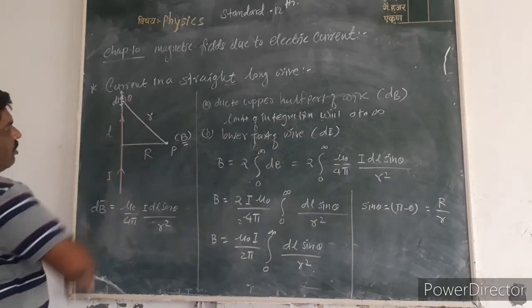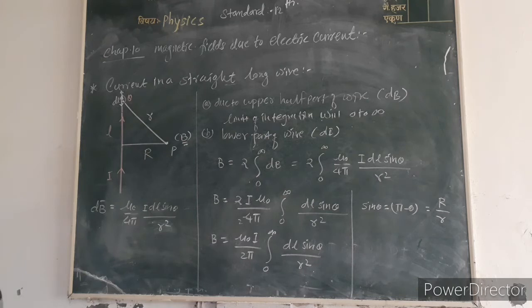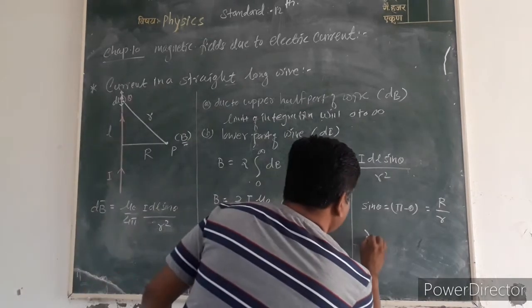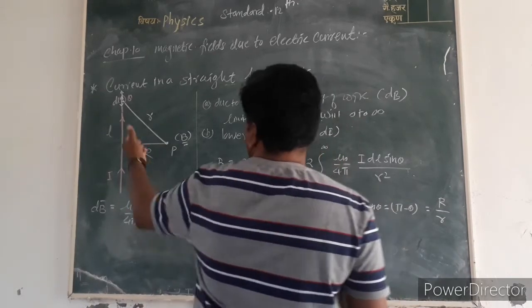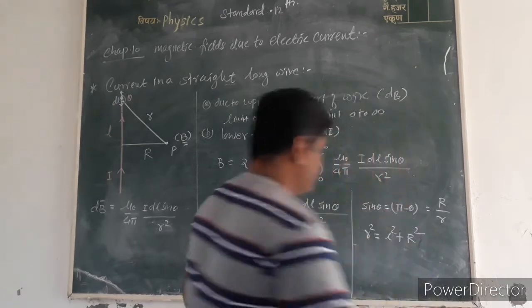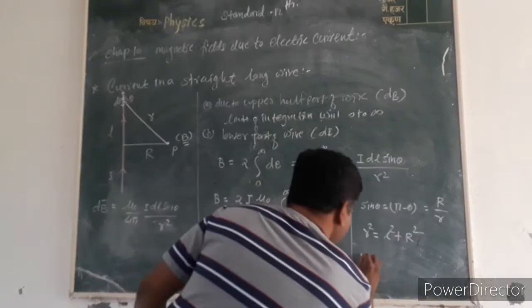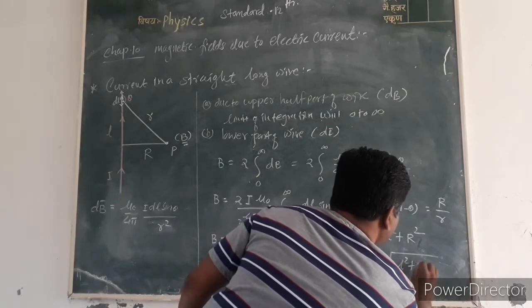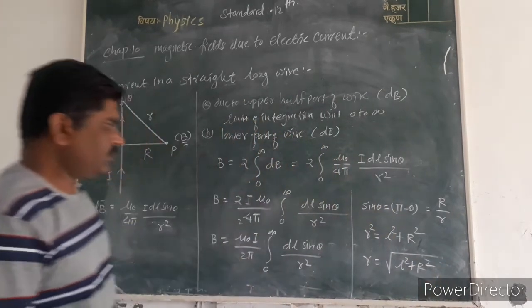The value of small r, using Pythagoras in this triangle, we get r square is equal to L square plus capital R square, and the value of small r is equal to under root L square plus R square.